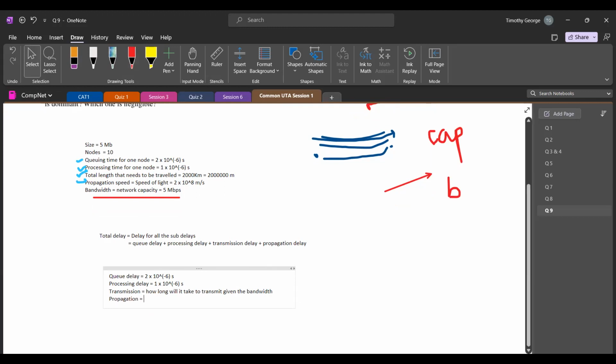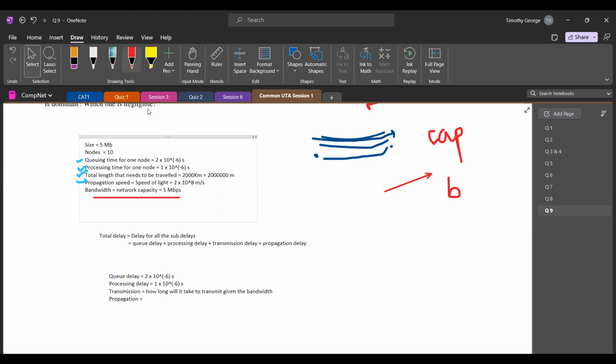So what is the difference between transmission and propagation? Propagation is how long it takes to cover the entire network from one end to the other. If you have 2 points, how long does it take to cover that distance?